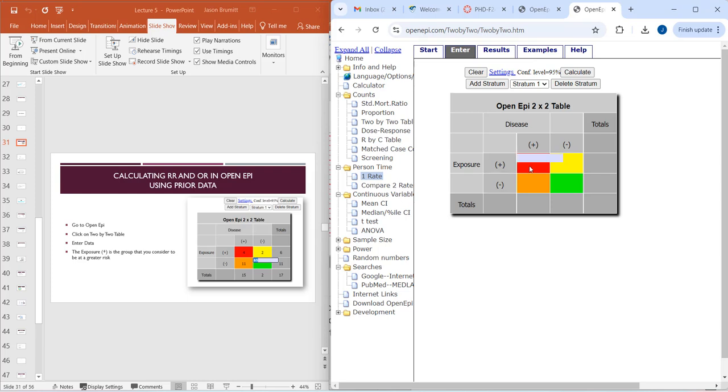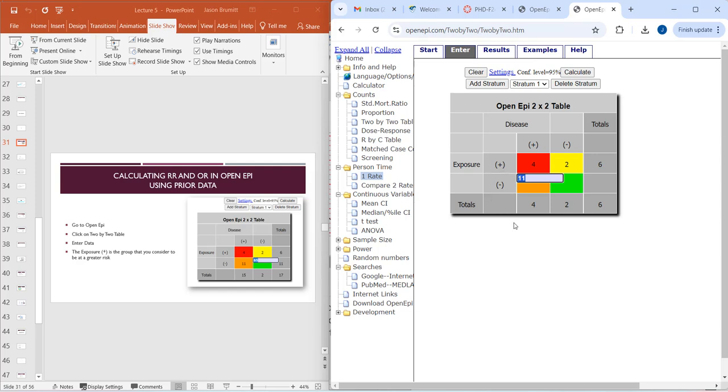So here, let's go with 4 people got the disease that were in the high risk or at-risk group, or the exposed group. Let's say that 2 people in the group did not get it. So it's a very small group. It's just 6 people in our at-risk group, how we define them. And then 11 people got injured in the lesser risk or reference group.